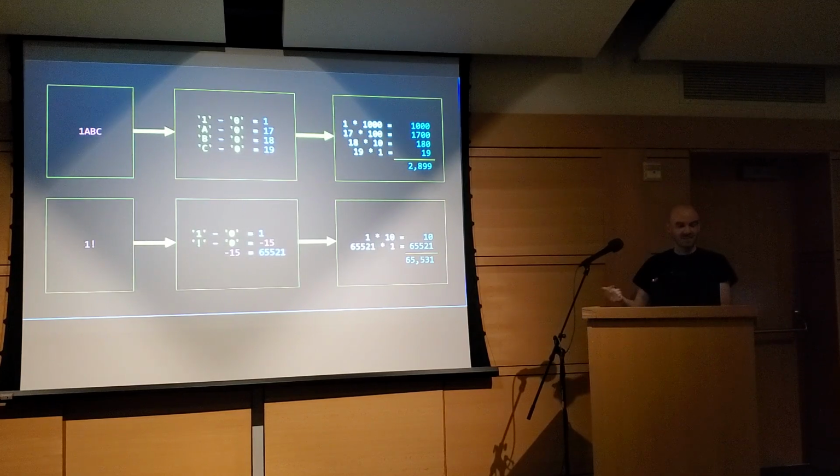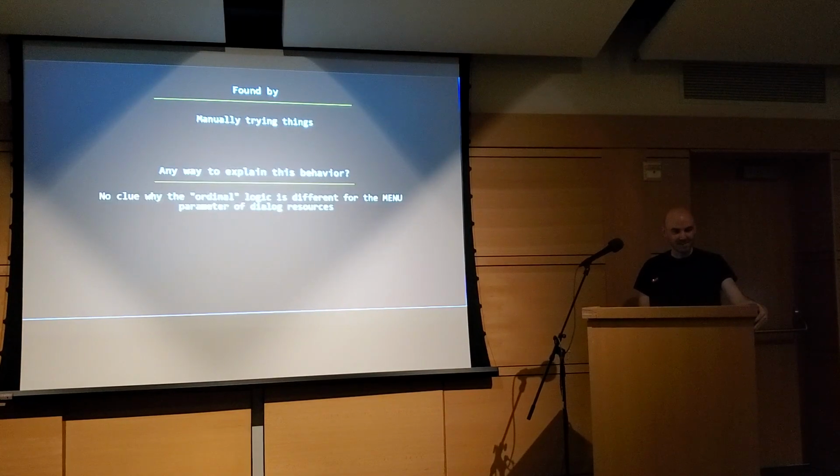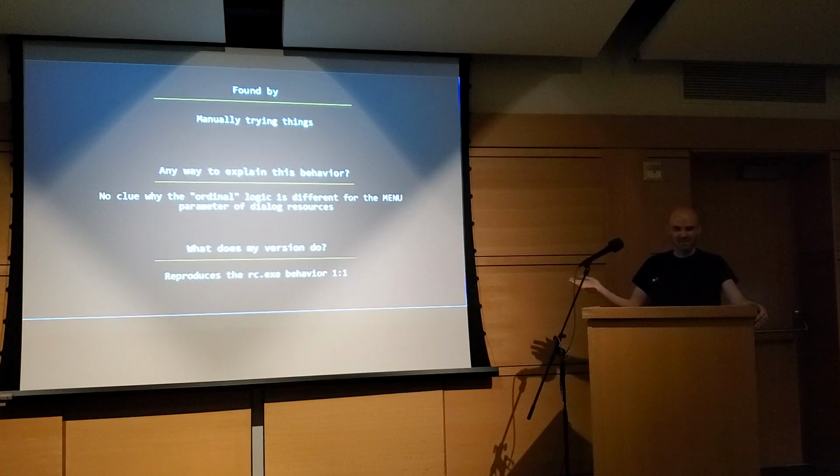But this is an unsigned 16-bit integer, so it wraps, and you get some number close to the 16-bit max. So this was also found by manually trying things, and I have no idea why this happens. Right now my version reproduces this, but I'm definitely going to change that. Those two things should be parsed the same.